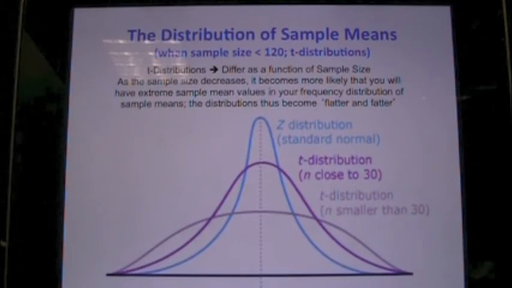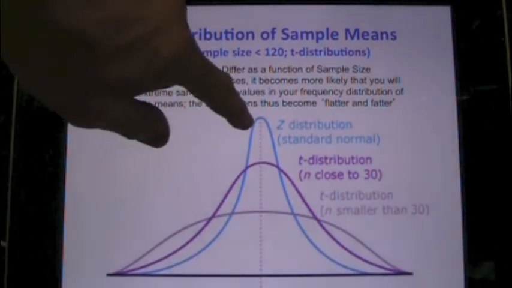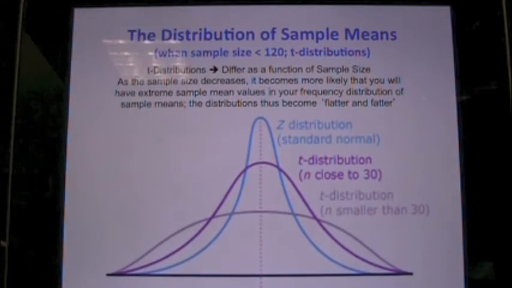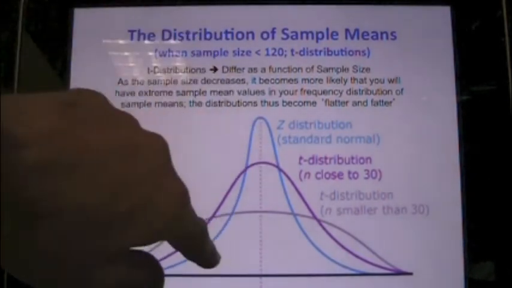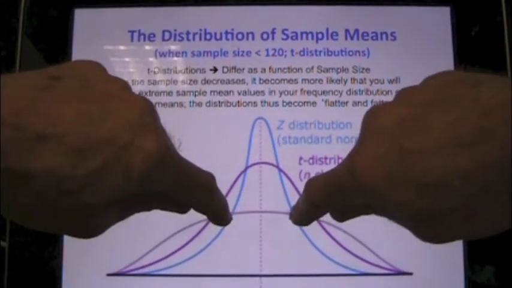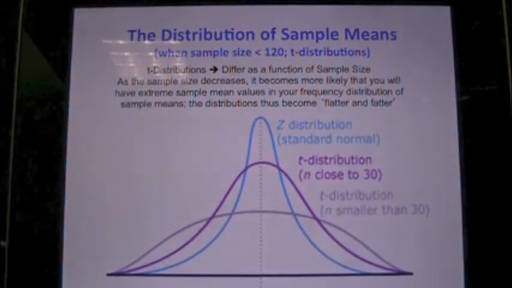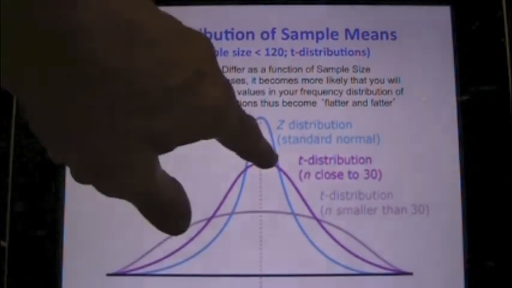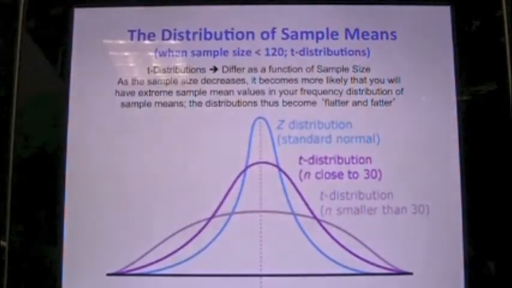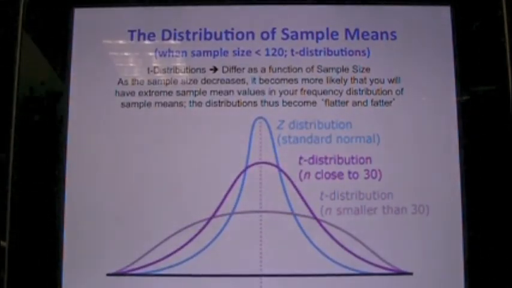This is probably not the best normal curve in the world, but this is basically a normal curve, the top one. And if this is the mean, if this is the standard deviation, you've got your inflection point, you get your 34% on the one side, one standard deviation on either side of the mean, kind of a thing. This is a t-distribution where the sample size is closer to 30.